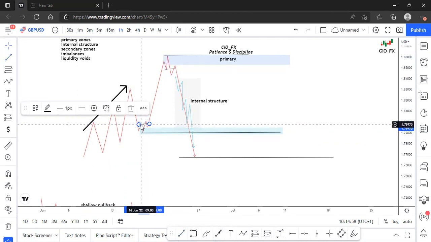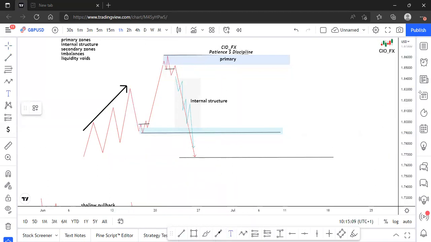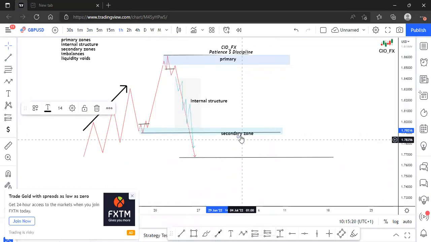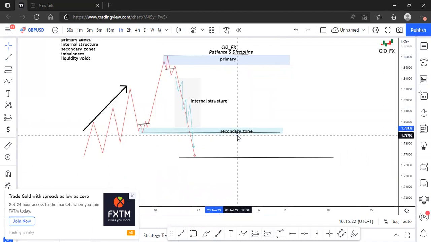Yes, this is MBOS. Then the low that forms after the MBOS, you take it from that low downward. That's your secondary zone. So this is secondary. So we can call this our secondary zone.